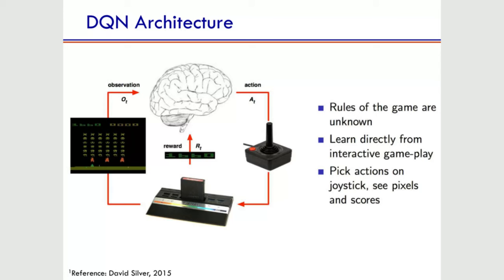What you get to observe is the score change, that's the little r's, or the actual samples, and the agent has to learn directly from interactive gameplay. The agent can do the same actions that you can do with the Atari joystick. I think in this case there are 16 or 18 actions, and the observations are the same observations that humans see.